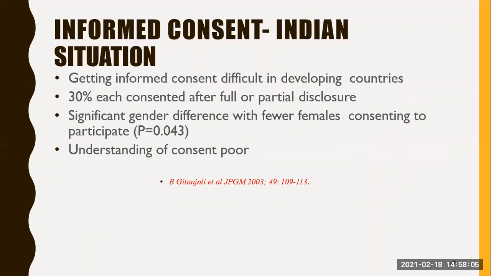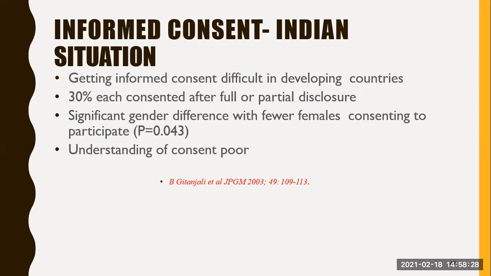Then in the Indian scenario, the informed consent situation is like this. Getting informed consent is difficult in developing countries like ours. 30% each consented after full or partial disclosure. There was a significant gender difference, with fewer females consenting to participate.